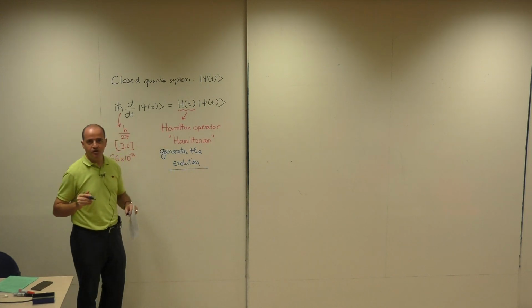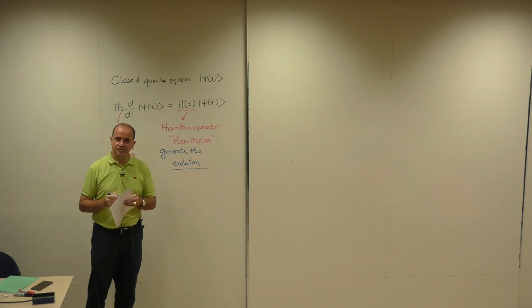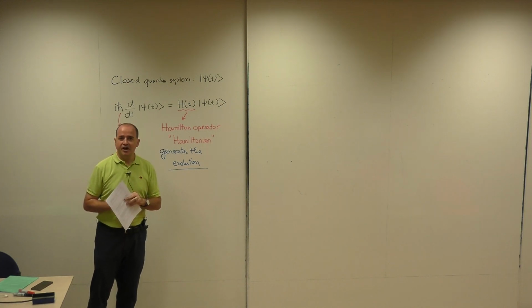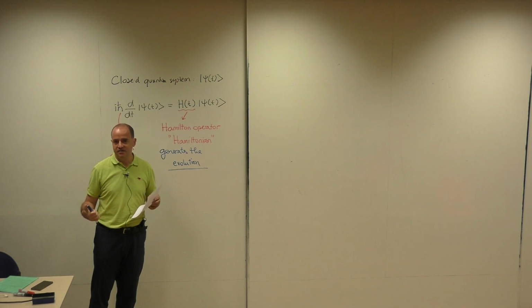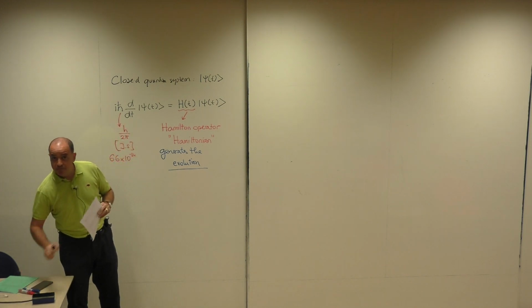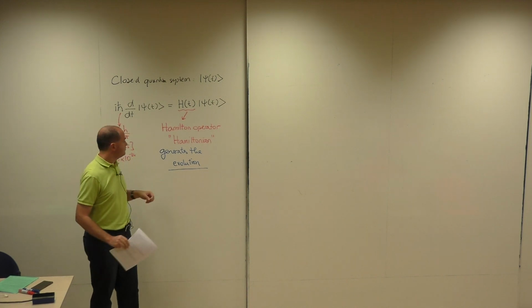So the Hamiltonian does not describe the system, that's the space of states. It does not describe the properties of the system, that's the state. It describes the evolution, or more precisely, it's the operator that generates the evolution. In that sense, it plays the same role as in Hamiltonian dynamics classically.